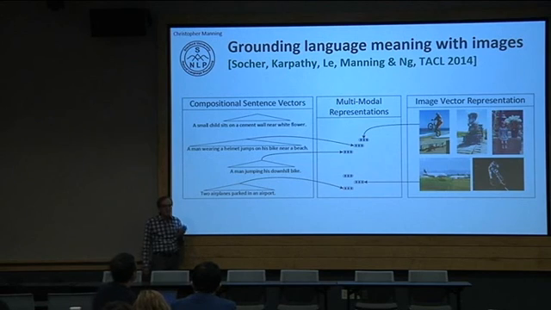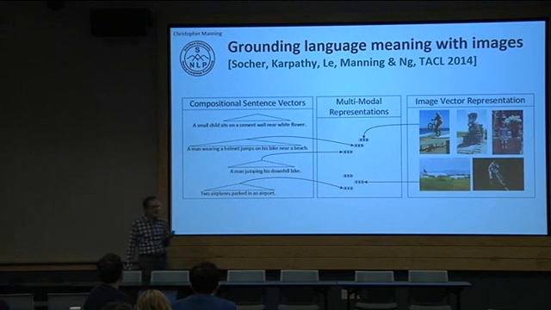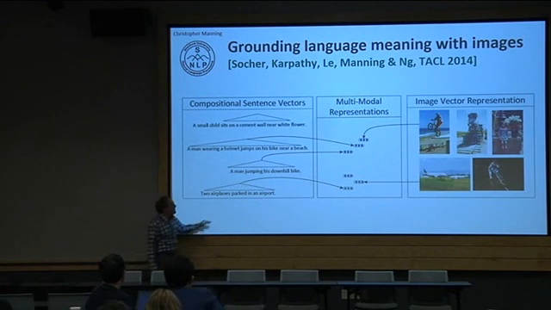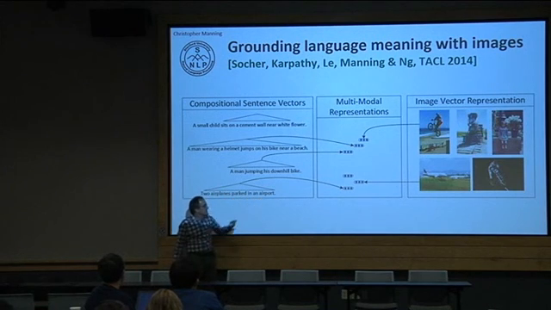Okay, so that gives us some structures for sentences, but we want to go on beyond that and do more for representing and working with the meaning of sentences. There are several ways that you can go about doing that. One way that you might want to ground the meaning of sentences is to make use of multimodal forms of learning, and so relate sentences to pictures that show the same events.